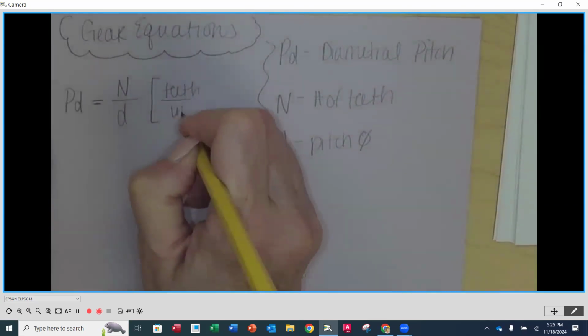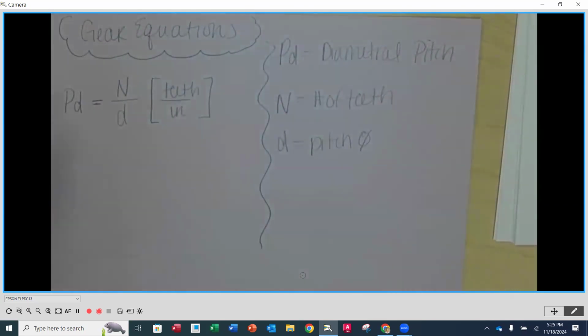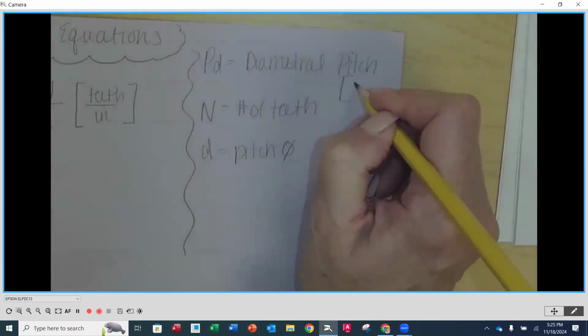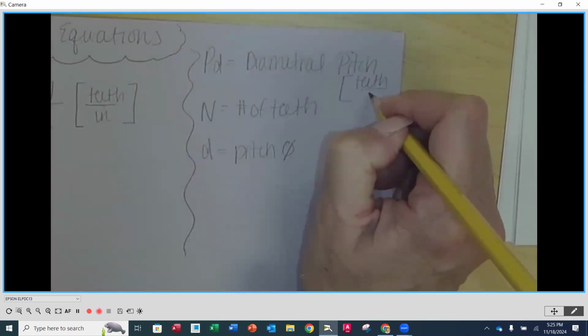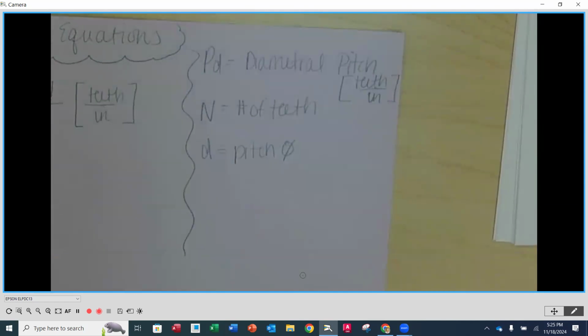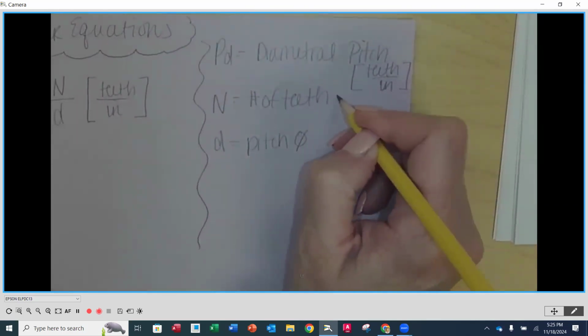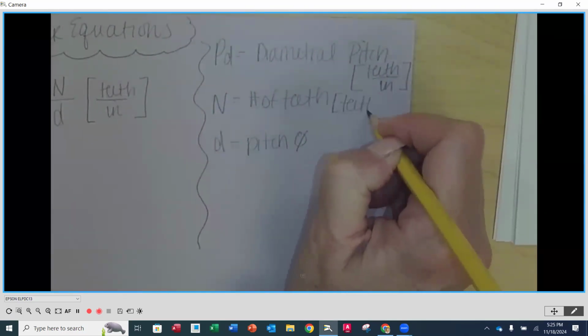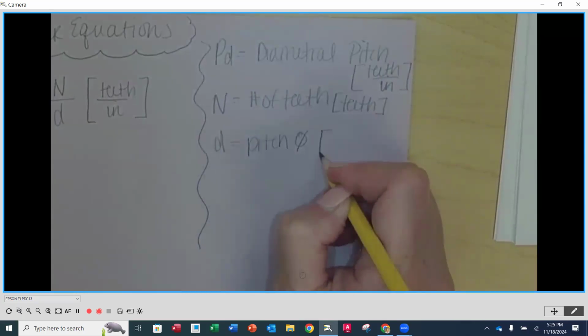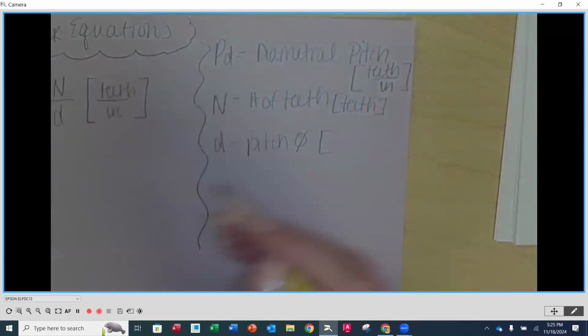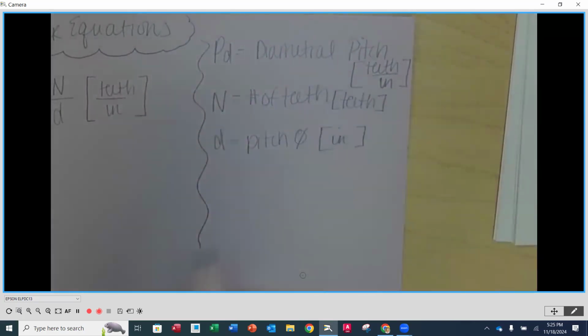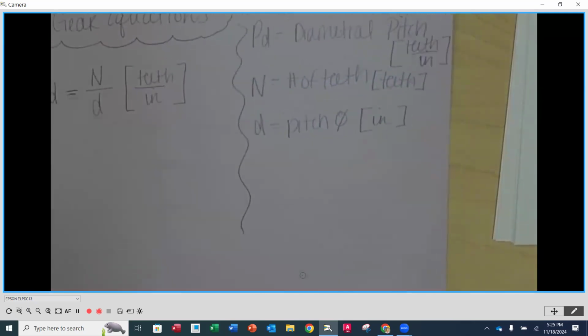So units for diametral pitch are going to be teeth per inch. Units for teeth are going to be teeth, and units for pitch diameter are going to be inch.